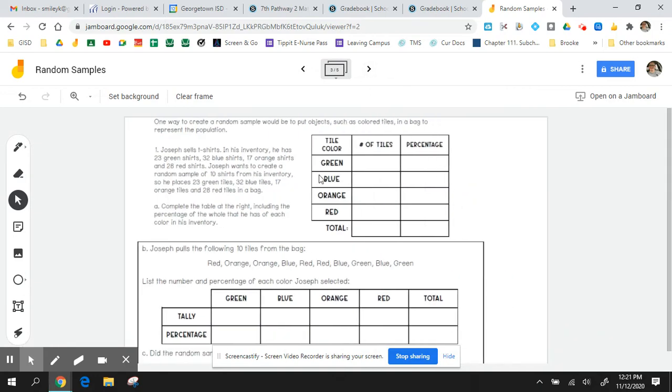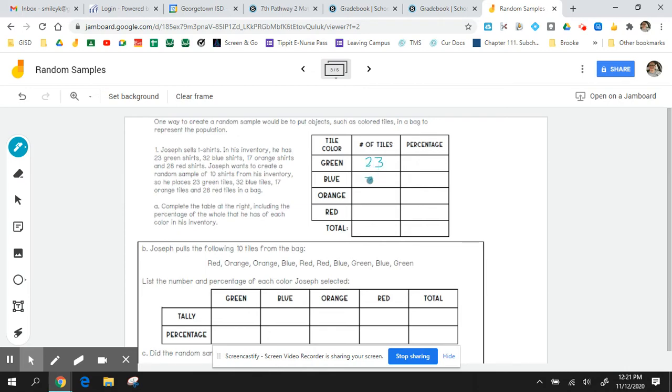In this example, we're going to use some objects, colored tiles to represent t-shirts. We're going to fill in all of this information. In green, there are 23.